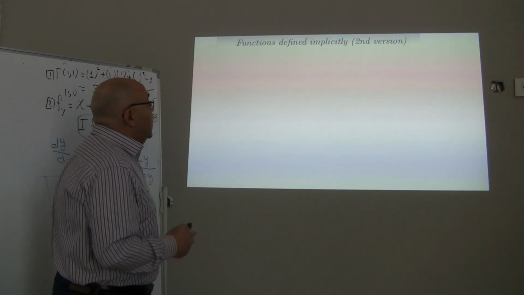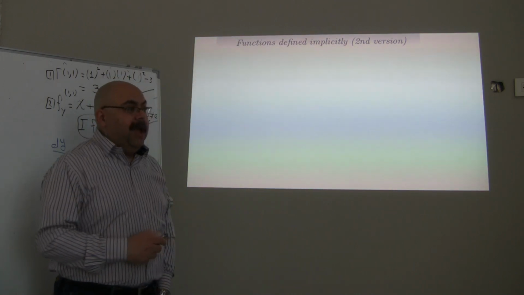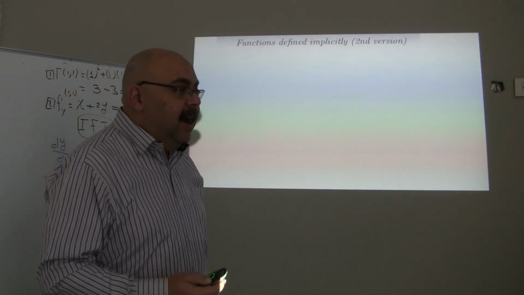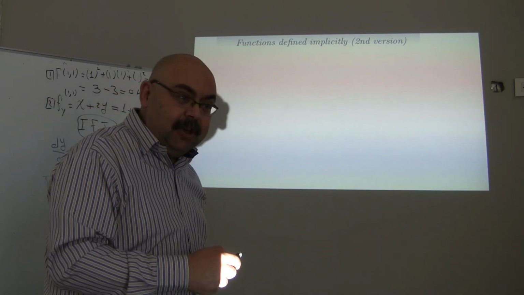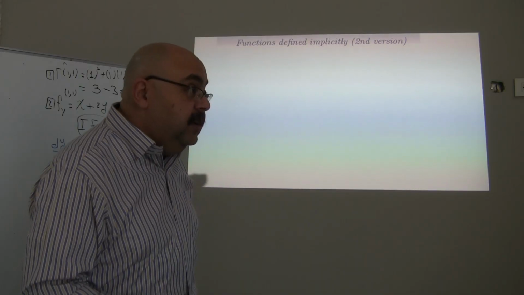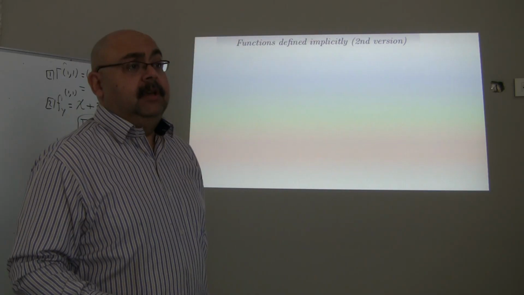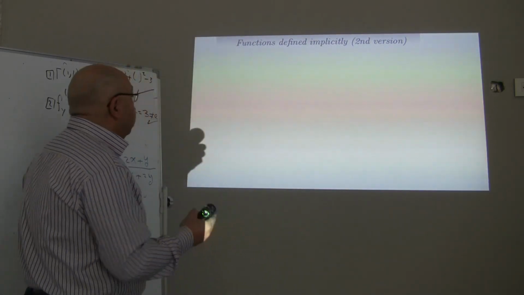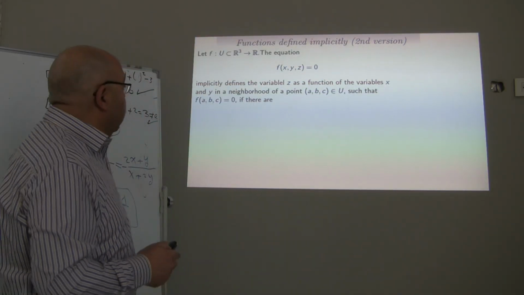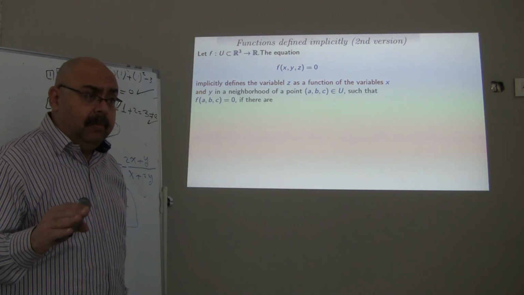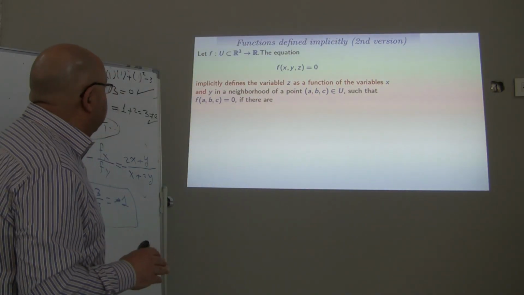Now, if I have a second version, or I have three variables, and I need to get one of them as a function of the other two variables and differentiate with respect to this, is this possible? Yes, of course. It's just a generalization of the main concept that we saw previously. I will go through it and give you the law by the end of this presentation.